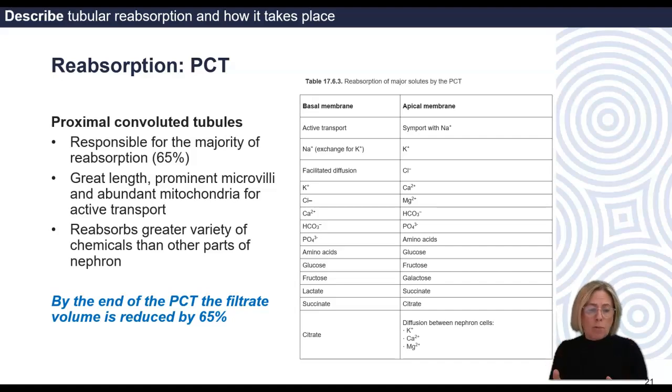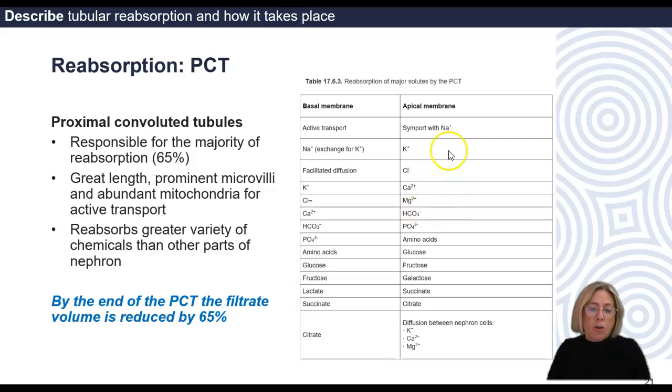So the proximal convoluted tubule reabsorbs a greater variety of chemicals than any other part of the nephron. So you can see across the basal membrane, all of these things here getting transported into the interstitial space to be returned to the blood.